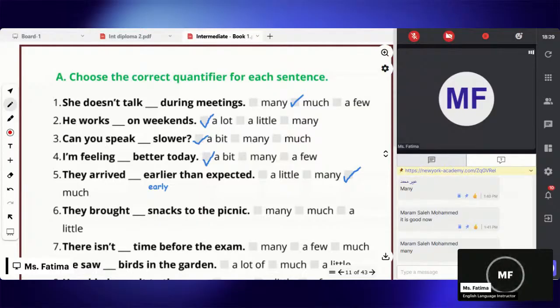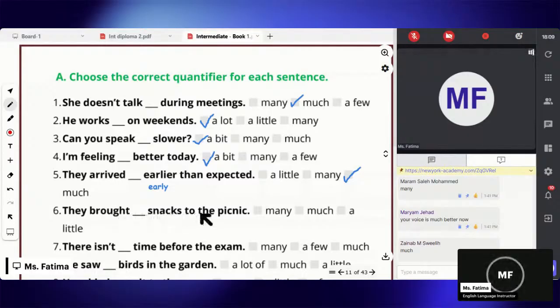Yes, excellent. Snacks, guys. This is plural. What do you know, it is countable, so we use what? We use many. Yes, excellent.